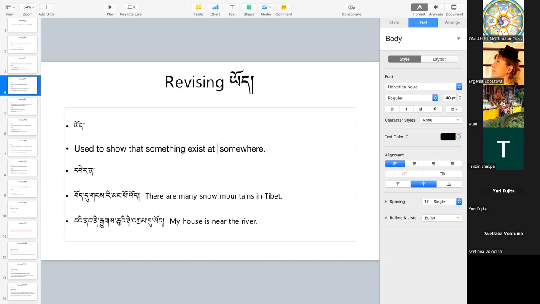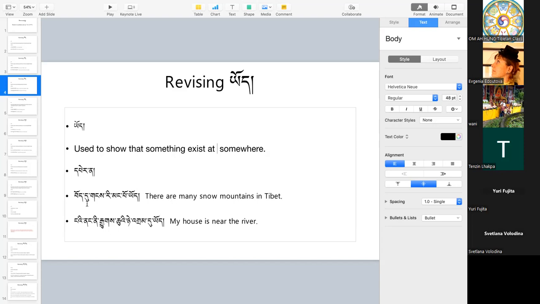So in this case, it confirms the existence of snow mountains at a position which is in Tibet. So Tibet being the position where it exists, and snow mountain being the object that is present.